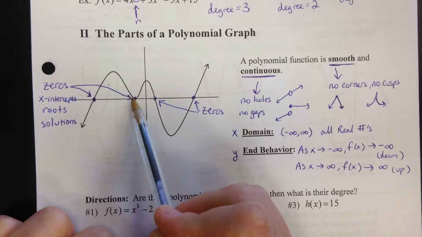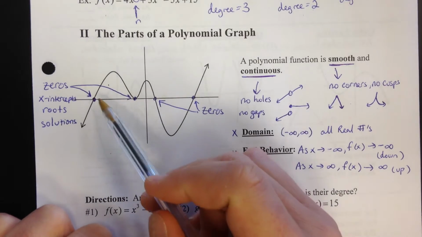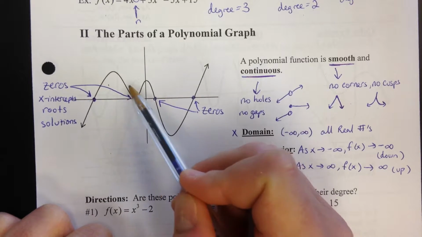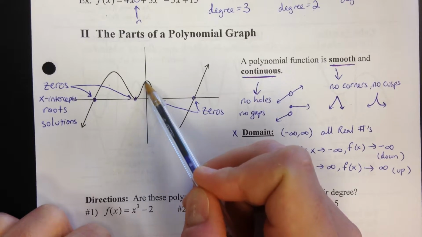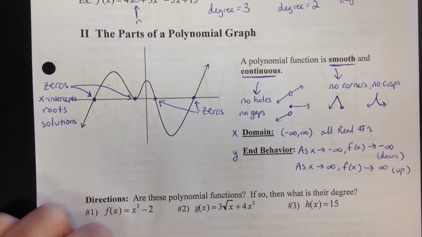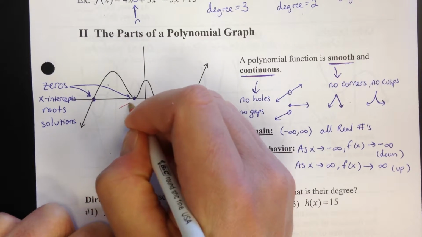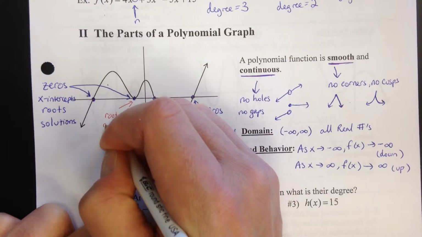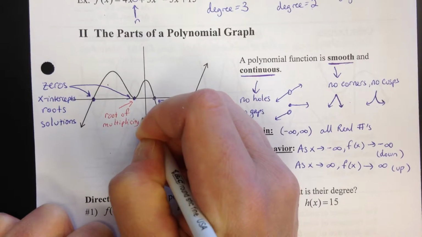Now, in terms of the zeros, one of them is different from the others. Notice that the second zero here does not go through the x-axis, it just hits and it bounces back. That's a special kind of zero. And there are a couple ways we describe it. We call this a root of multiplicity 2.